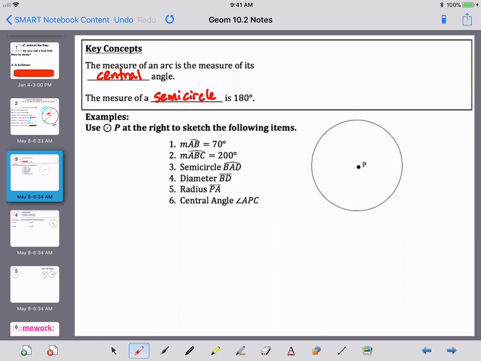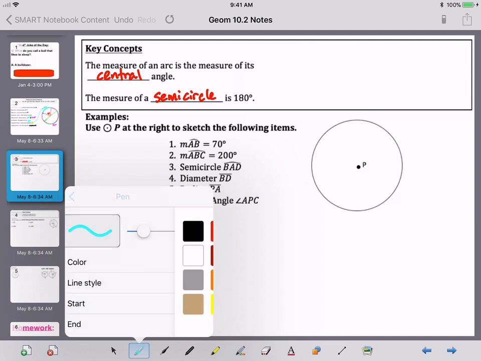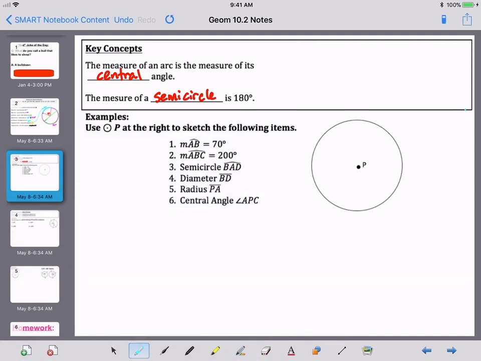So here it says, use circle P at the right to sketch the following items. First I need to make an arc AB that has a measure of 70 degrees. I'm going to do my best to just sketch this. Let's call this point A and this point B. And then this arc measure from A to B, we're saying is 70 degrees. That's the blue that I have here.